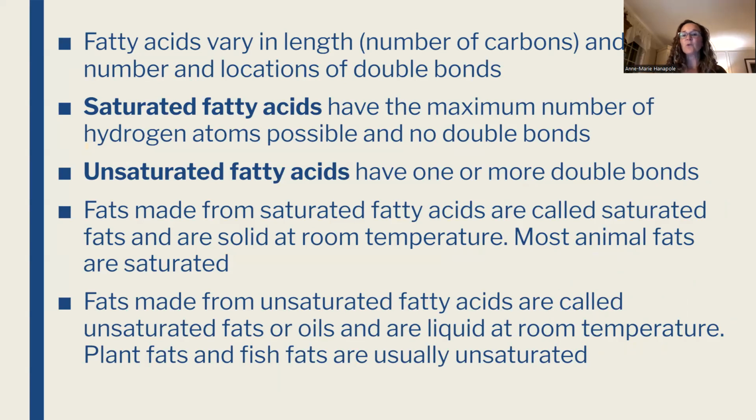Unsaturated fats have 1 or more double bonds. Sorry, the unsaturated fats are going to be liquid at room temperature, and the saturated fats are going to be solid at room temperature. The saturated fats typically come from animals, and the unsaturated fats typically come from plants and some fish.